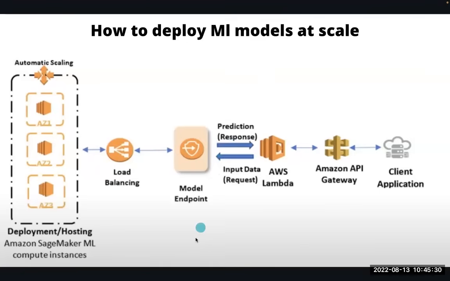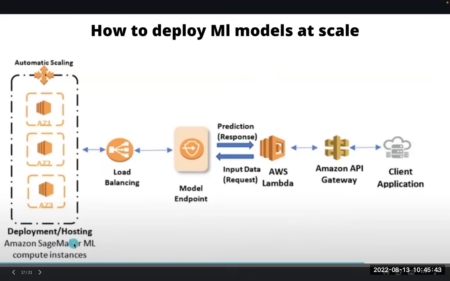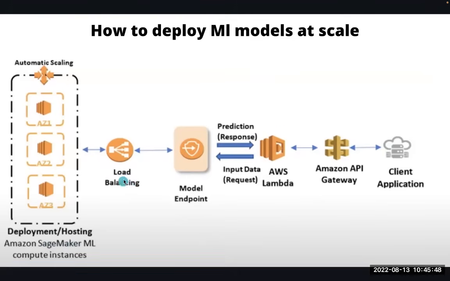Any doubts, any questions? So we have one question. If we are using cloud like Microsoft, okay, if you're using Azure, then Azure Functions would be an alternate instead of AWS Lambda. Instead of SageMaker, you will use Azure Machine Learning, load balancing, etc. You can look up what services are there.